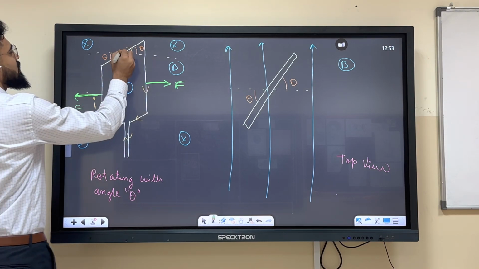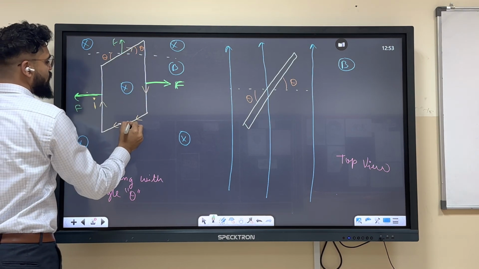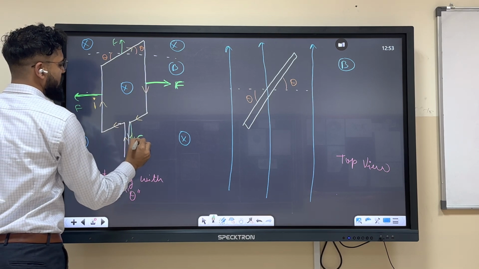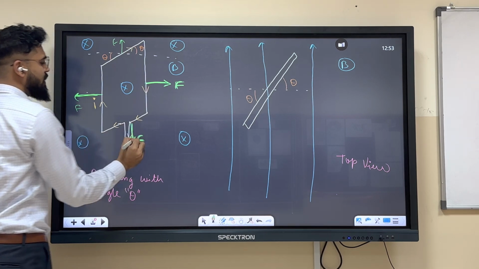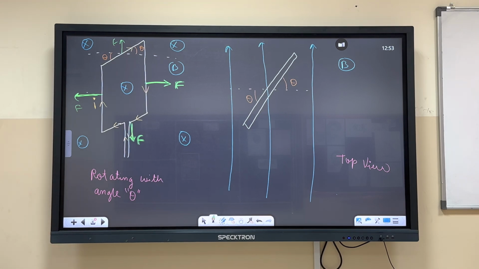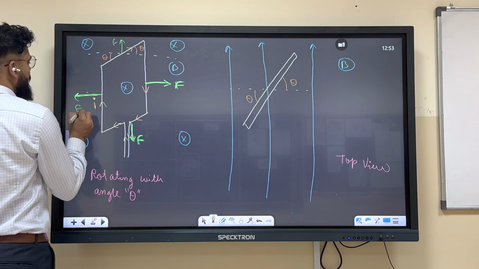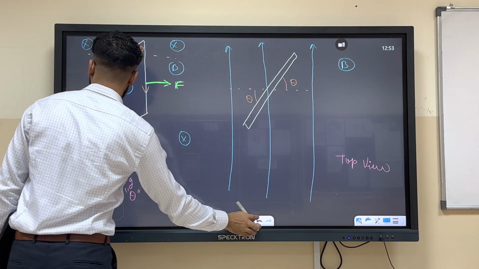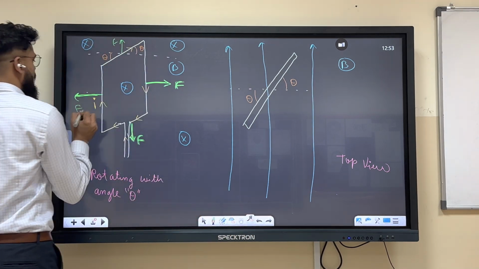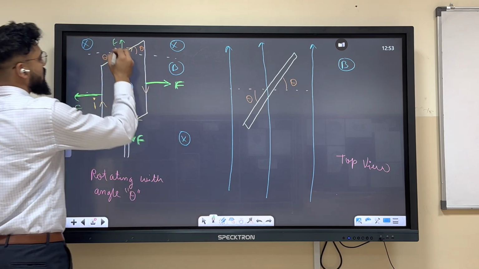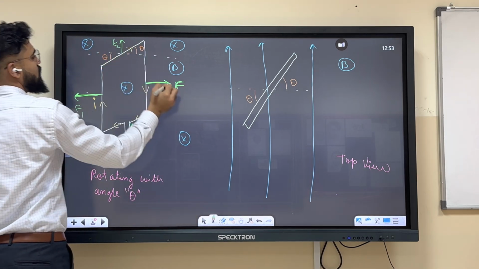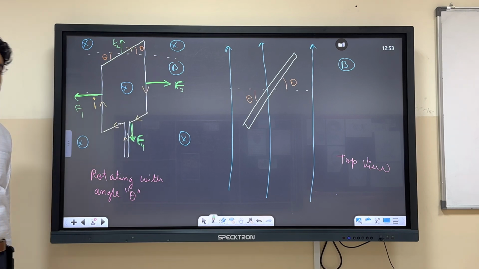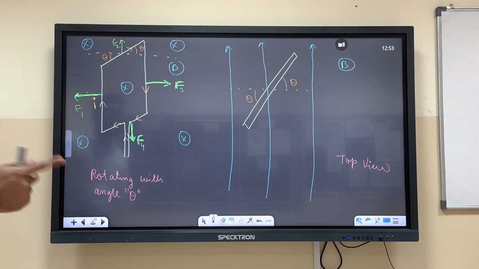Similarly, the force here and the force here will be the same, correct? Now, if I name them, we all know that the forces are the same, but naming helps: F1, F2, F3, F4. So the torque because of F1 and F3 is 0.